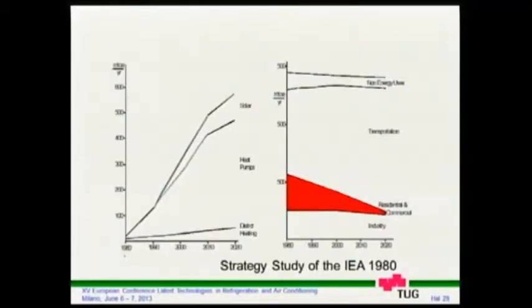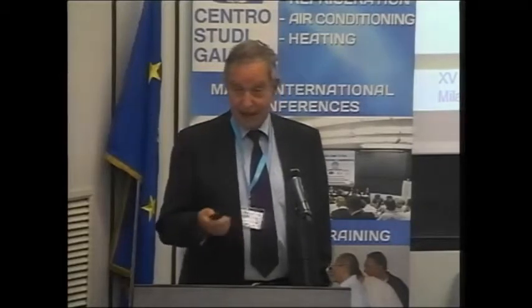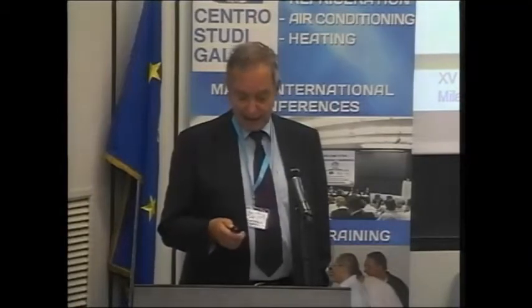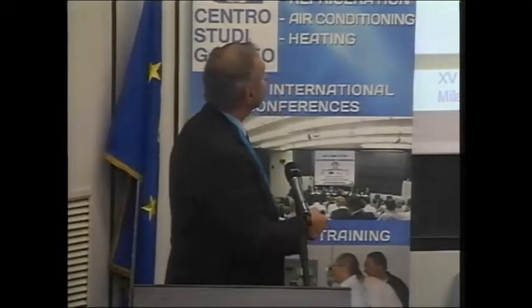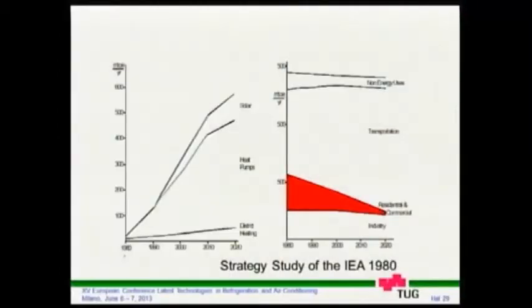And the funny thing is, if you take now the results, this is a strategy study of the IEA from 1980. They stated that the only part where you can reduce in a relatively short time the energy demand is the residential part. And in this residential part, they had a prognosis of a part solar, a great part heat pumps, and a part district heat.